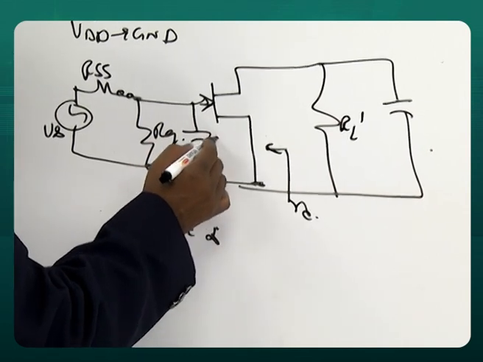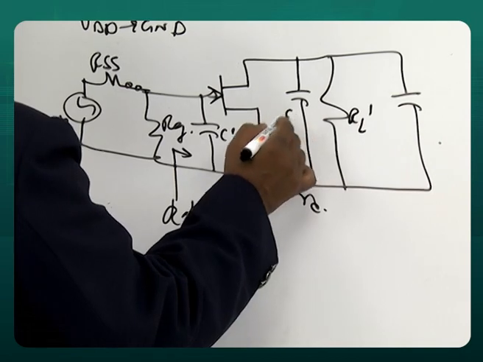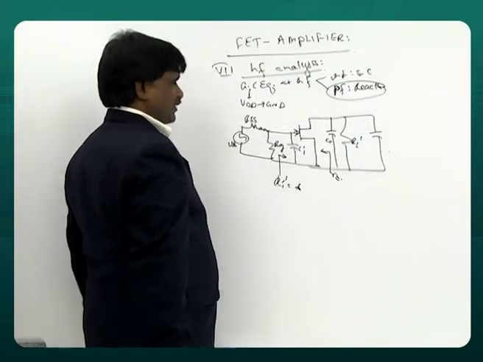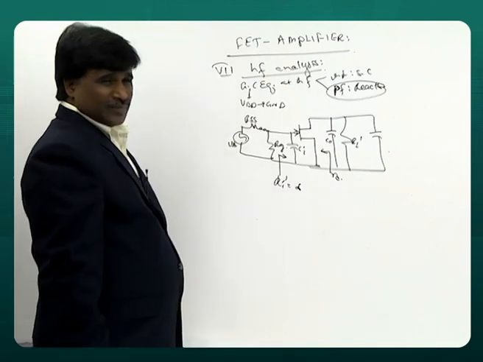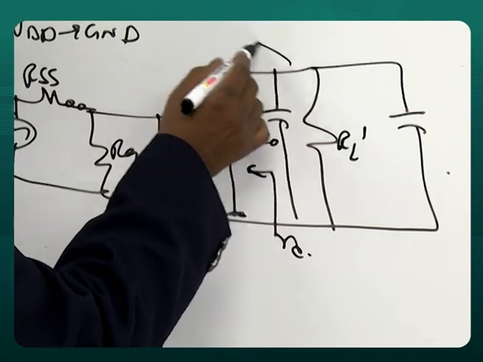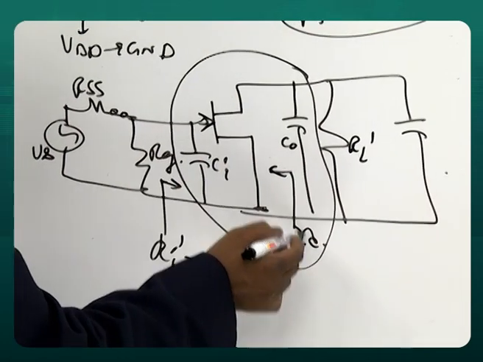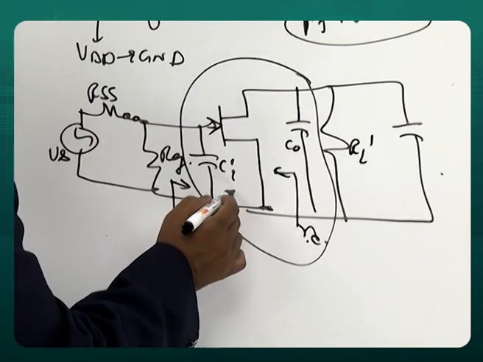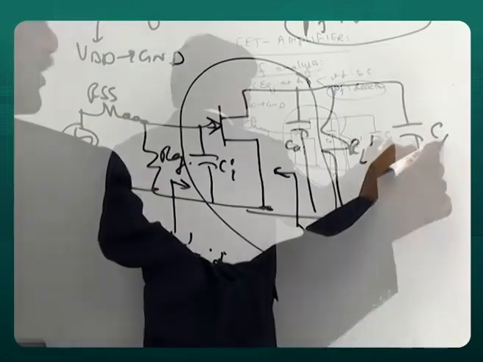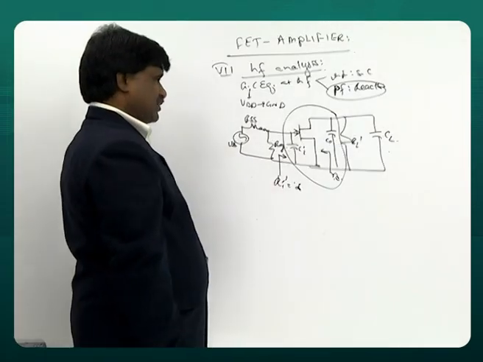This is input capacitance. We have output capacitance. Why? Picofarad capacitors are available. Please remember, this is internal. Here internal is infinity. If you take this, output comes. If we take this, input comes.